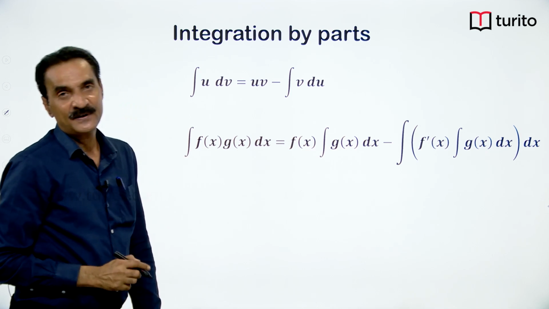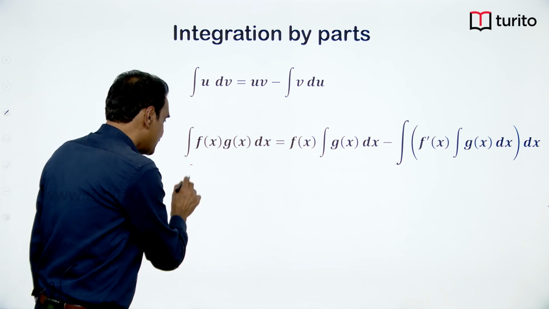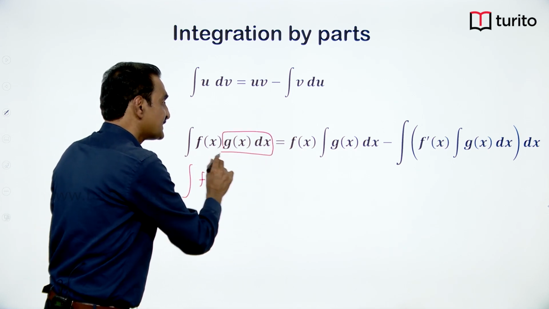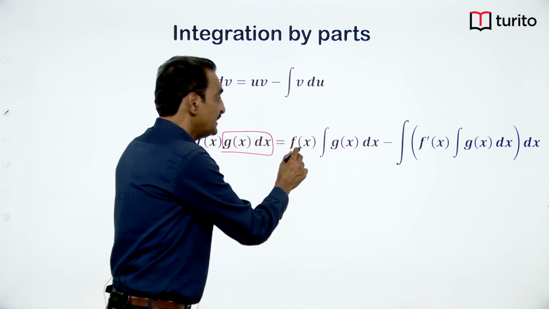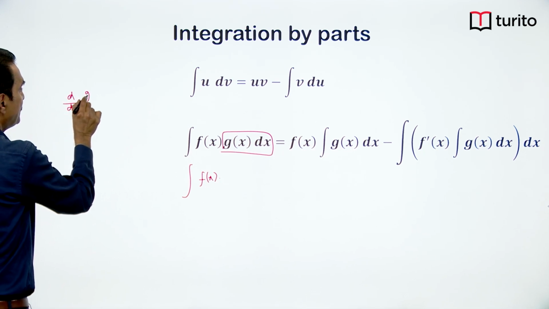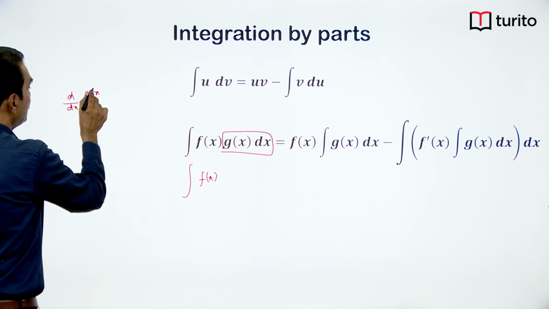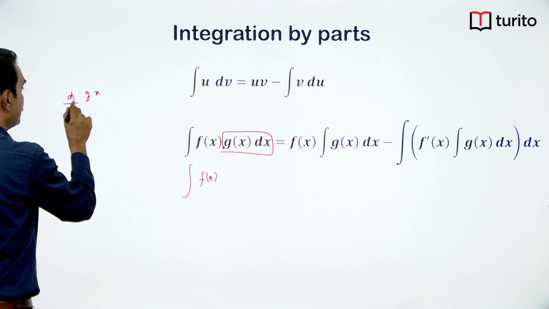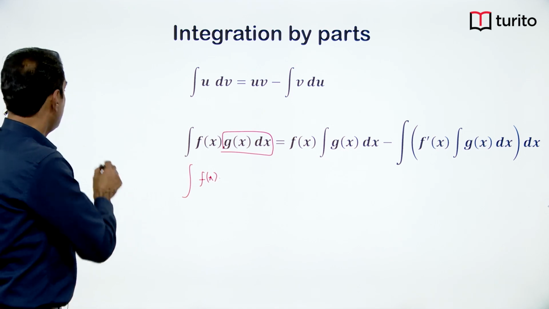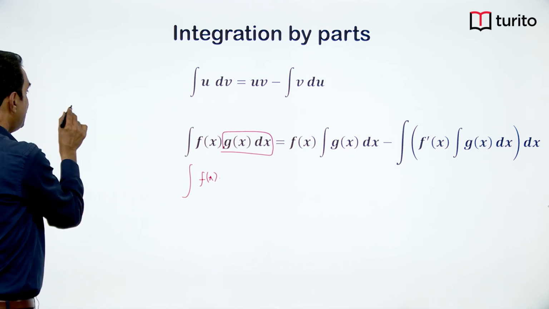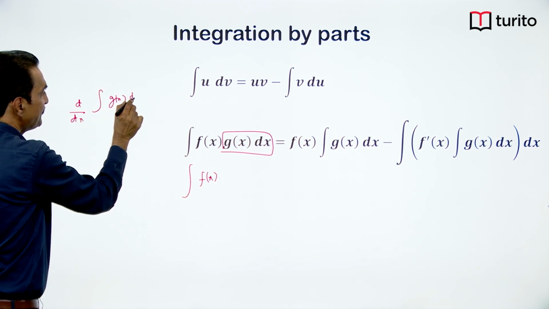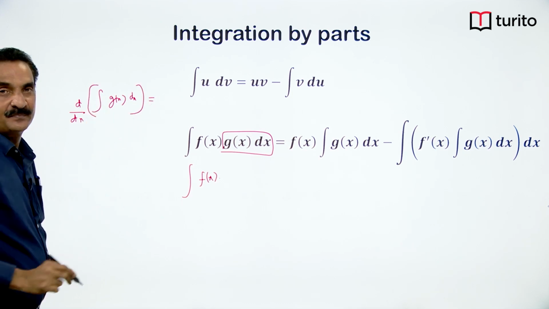If you want integral f of x into g of x dx, first I will keep f of x as it is. g of x dx can be written as d by dx of... If you want to write g of x dx as d of something, we know that d by dx of integral g of x is what?